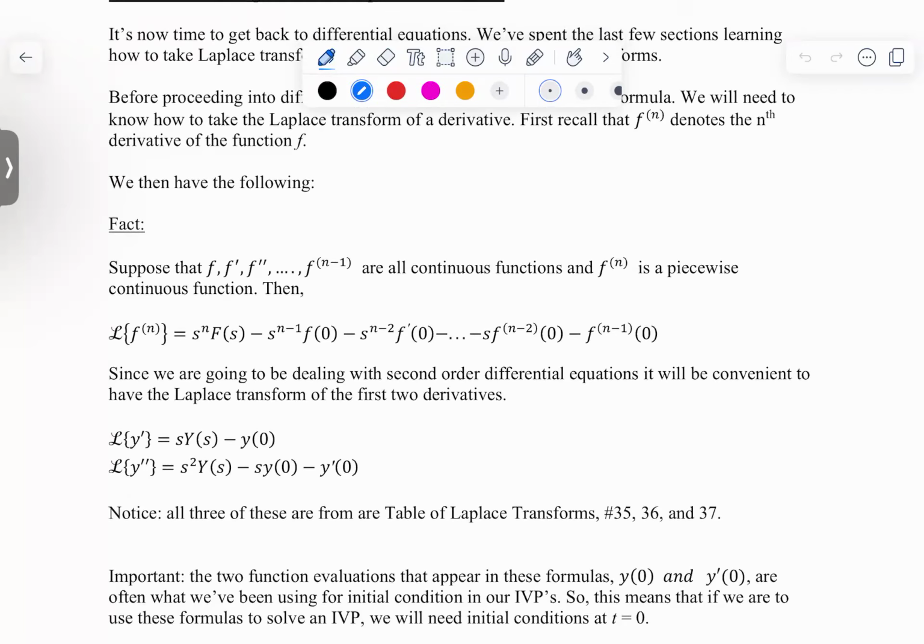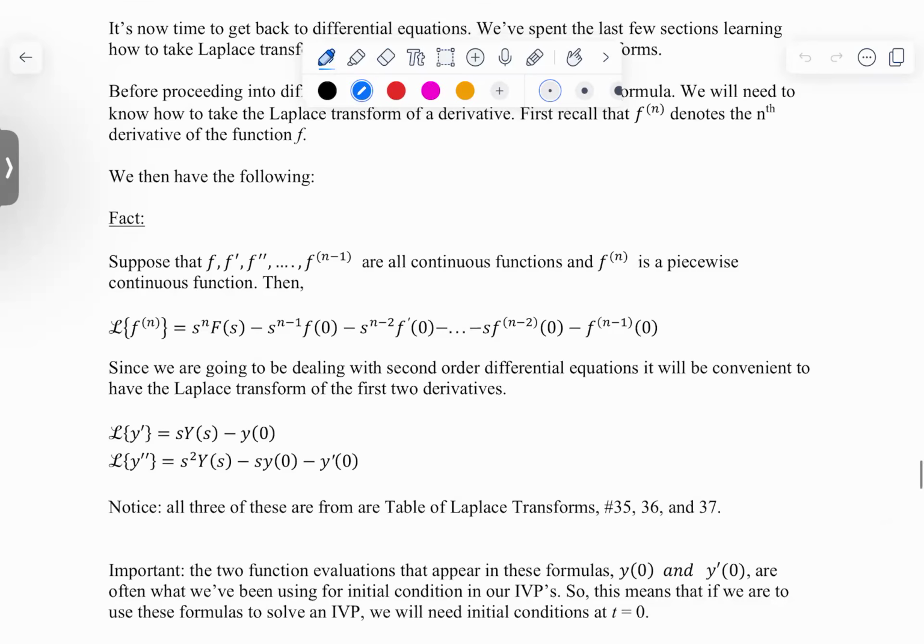Notice what it's doing. The Laplace transform of a differential turns it into functions with conditions, and everything is subtraction. Notice in the generalized form, when we get to higher order, we're going to use this one. For now, we're just going to use these two, because we're just dealing with first and second derivatives.